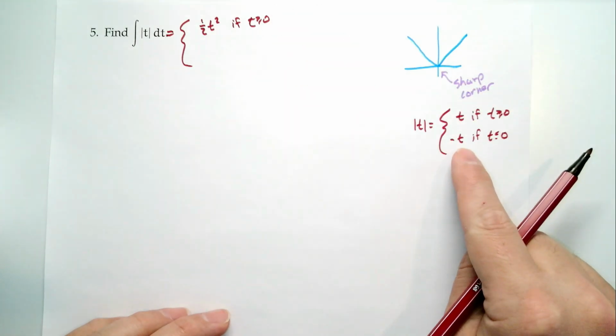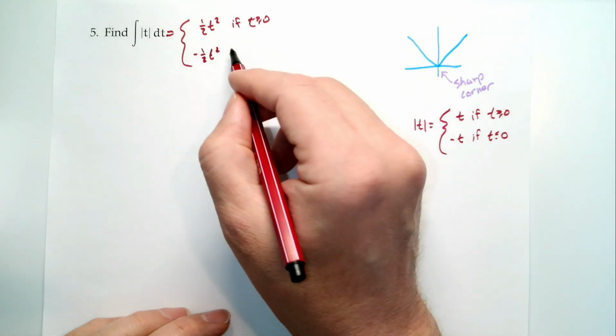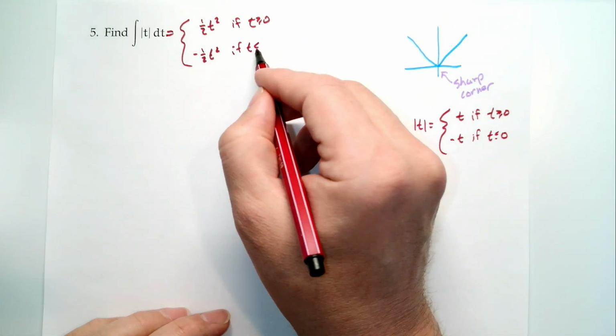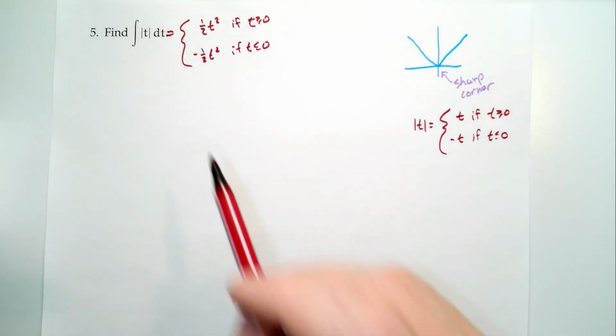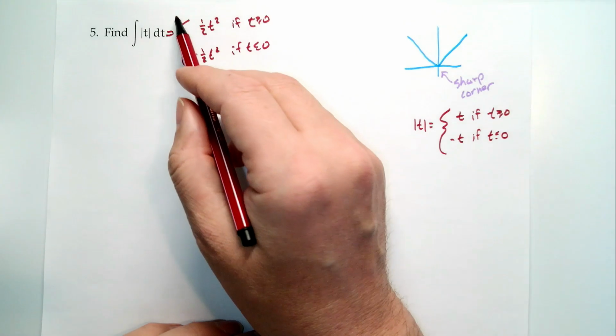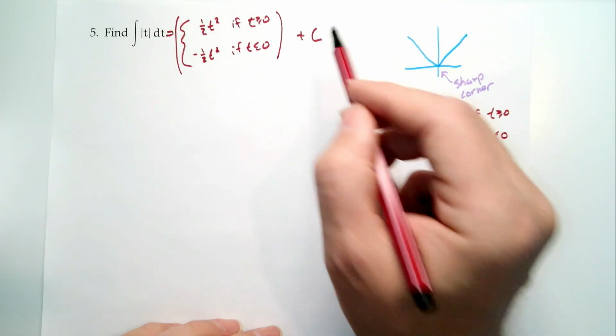What's the antiderivative of negative t? Well, minus 1/2 t squared. And that would be if we're less than or equal to 0. Now, the only thing that we really want to make sure happens is that they agree at 0. Well, at 0, they're both 0, so that's good. So there's an antiderivative, and then always, of course, there's a plus c.